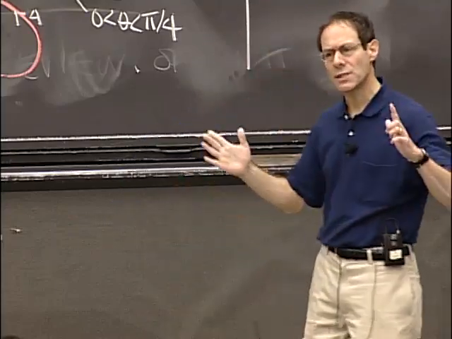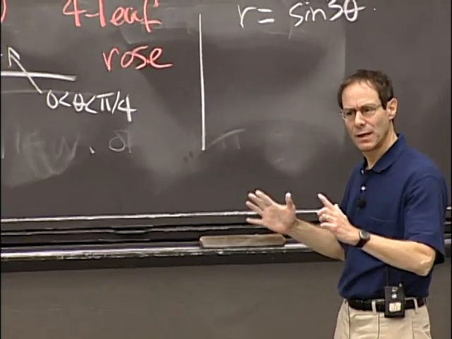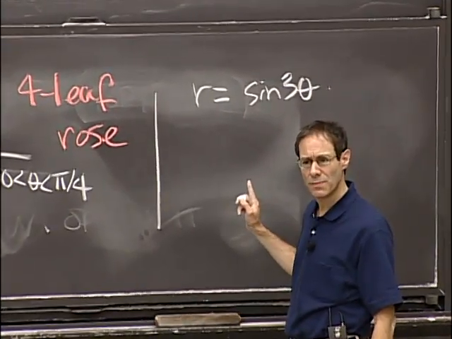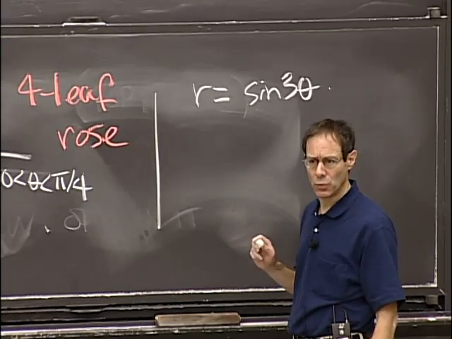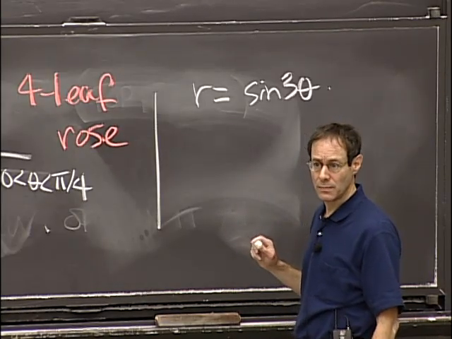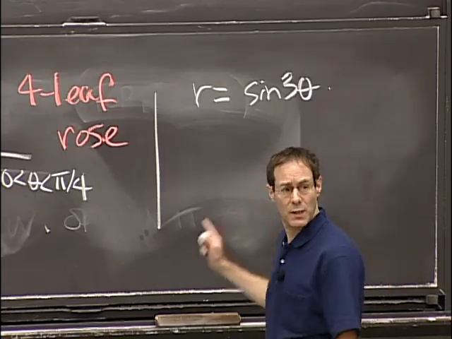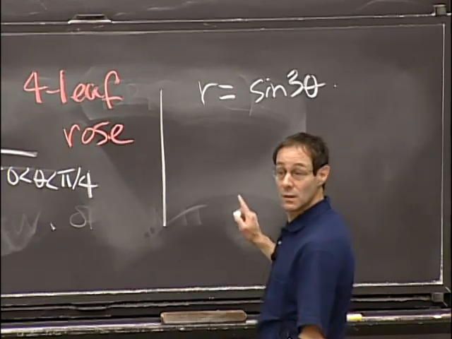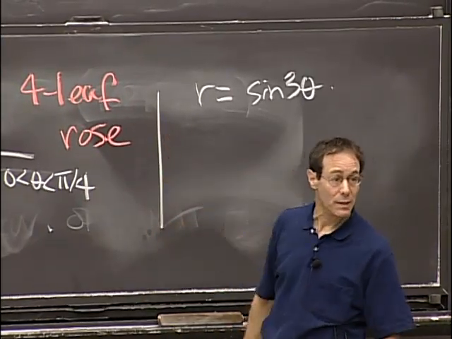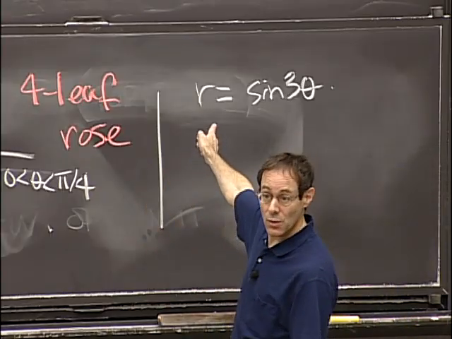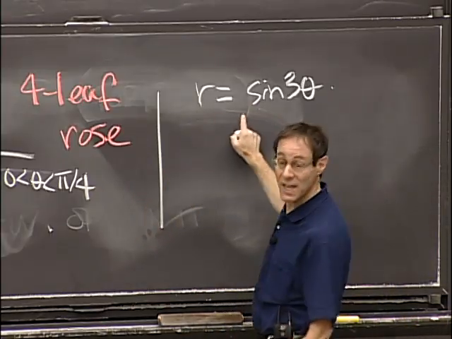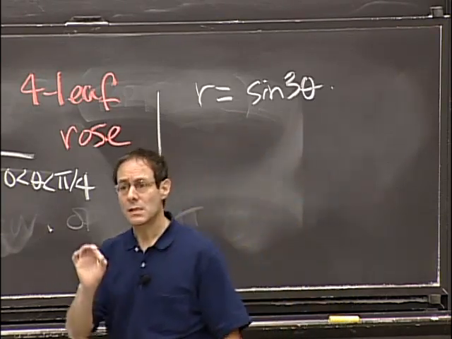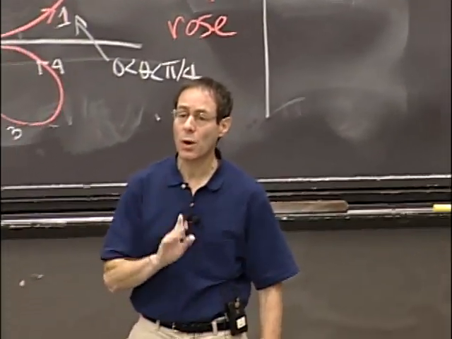I can give you a long time to sketch this out and think about what it does, or I can tell you that it happens to be a 3-leaf rose, and then you have some clue as to what it's doing. It doesn't have 6 petals because of some weird thing having to do with repetitions, but the odds and the evens work differently. So I would have to tell you what the picture looks like if it's going to be this complicated.